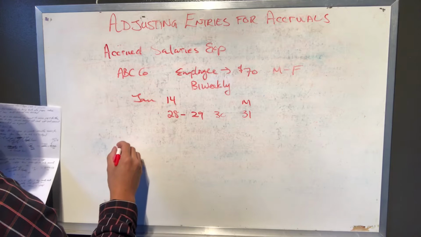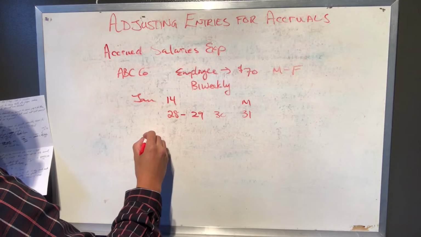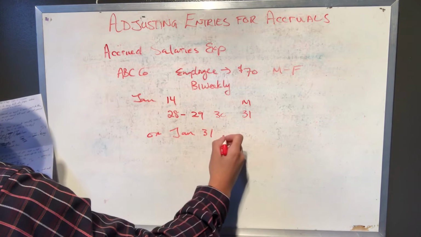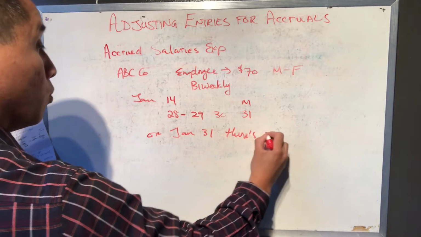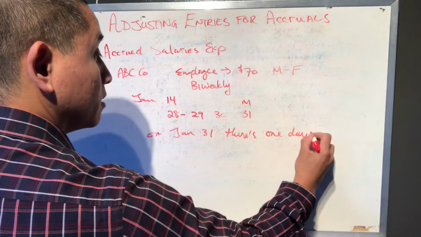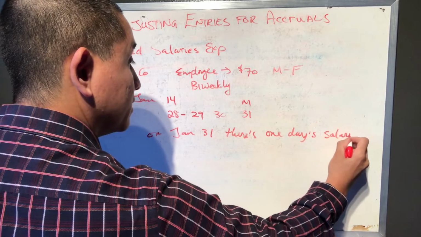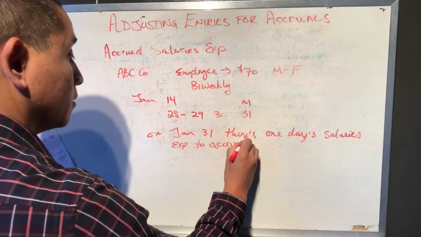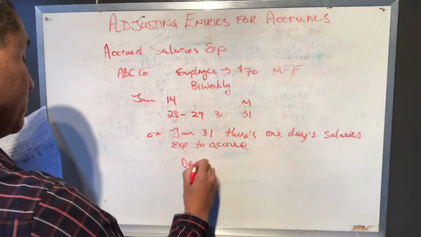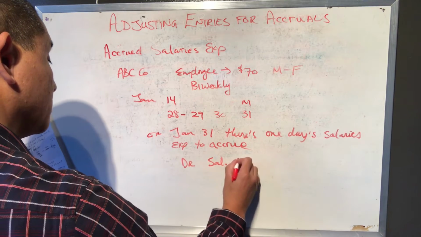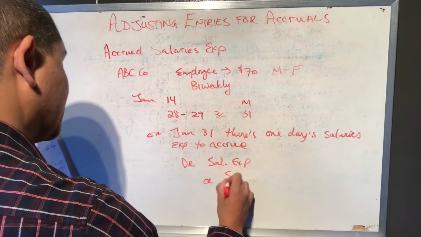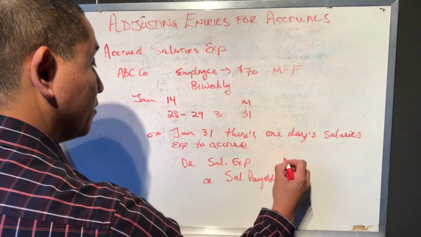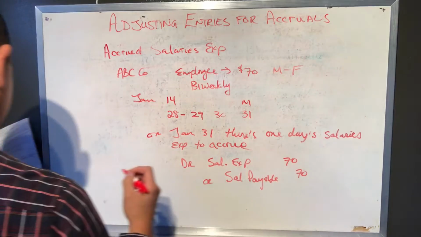So in this case, on January 31st, there's 1 day's salaries expense to accrue. Therefore, it would be debit salaries expense and credit salaries payable in the amount of that 1 day, $70.